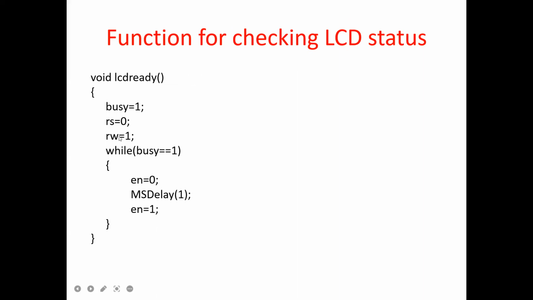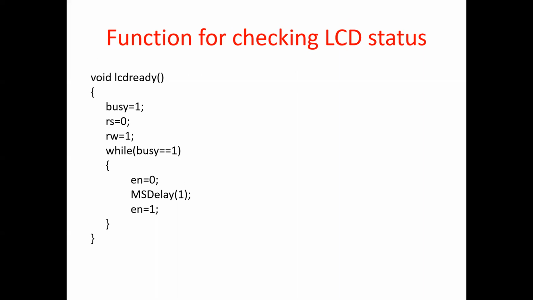Here we are not sending data to the LCD; we are checking whether the LCD is ready or not. So the information will be coming from the LCD. The LCD is sending a signal: I am busy or I am free. Whenever the LCD is busy, that bit will be 1. Whenever the LCD is free, that bit will be 0.